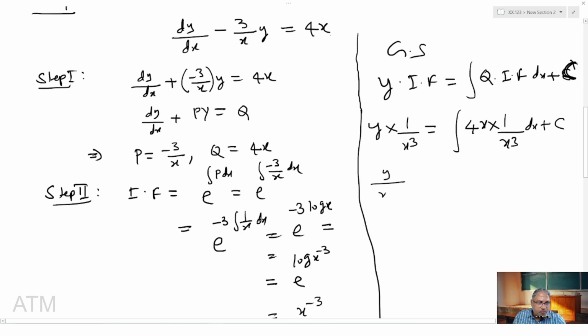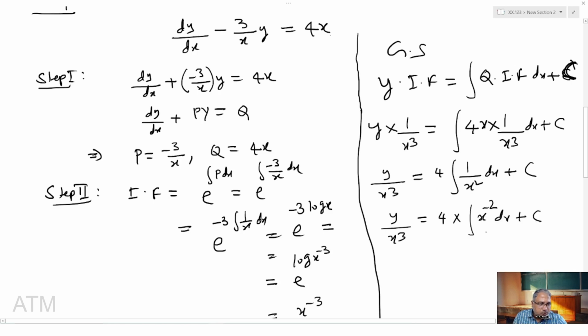So y upon x cube equals 4 taken outside, 1 upon x square with respect to x plus c. So y upon x cube equals 4, and 1 upon x square can be written as x raised to minus 2, with respect to x plus c.